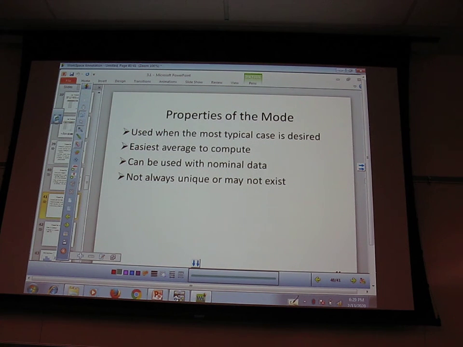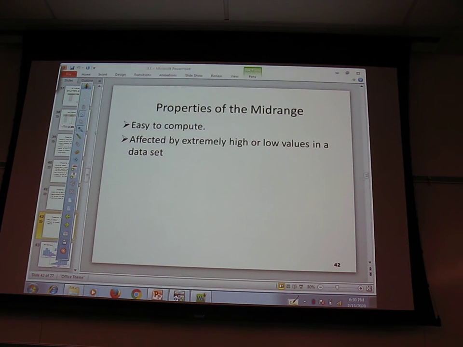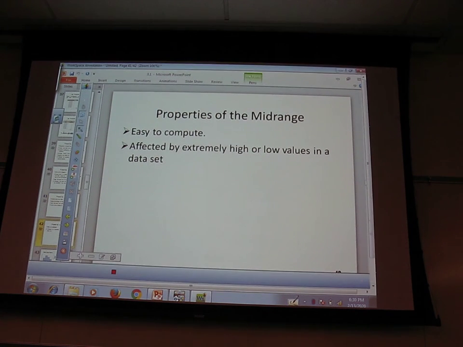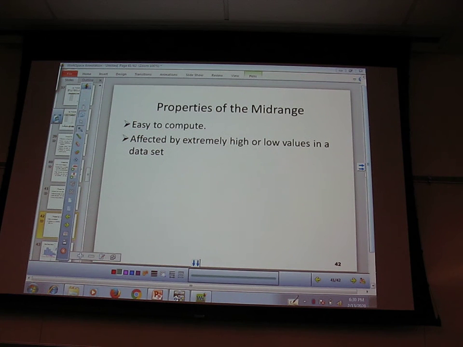When you're done explaining this, can you go back to the slide that showed the symbols on the frequency and midpoint weighted frequency? Yeah, I've got one more and then we'll go back. Mid-range is the easiest to compute, however, remember that it's really affected by extremely high or low values in a data set.